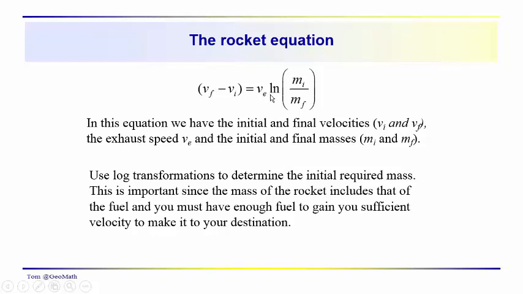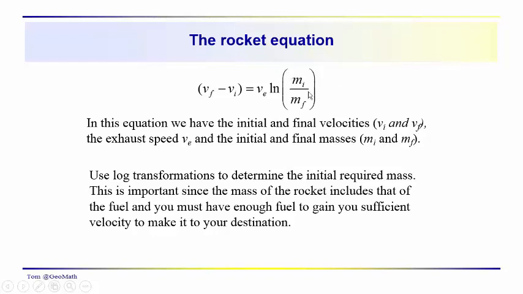But we also have a chemical reaction, or solid rocket fuel or liquid fuel. We're creating exhaust, which is pushing the rocket. So we have this speed to incorporate in the relationship, and we have the initial and the final masses, m sub i, m sub f.